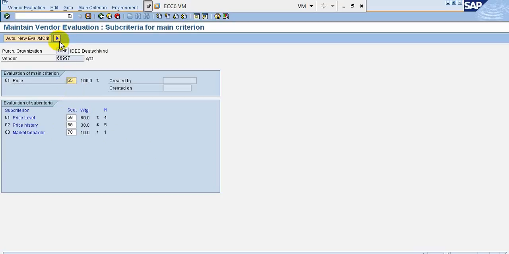Now this is for the price. Go to quality, and enter 70. It has come to 62.